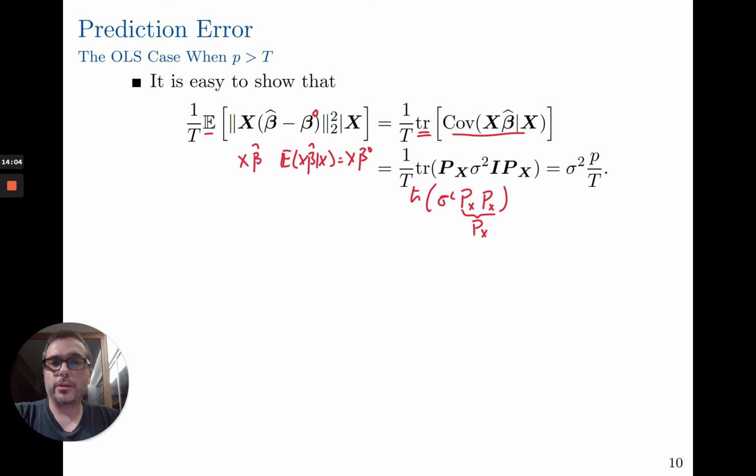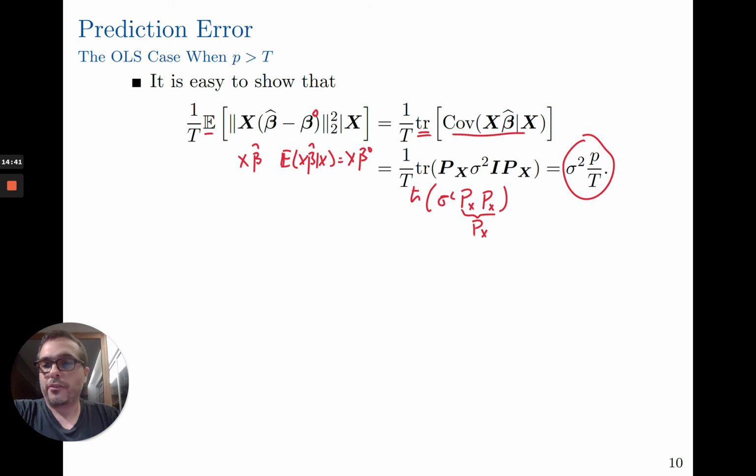So when we do that, we have that this is just sigma squared p over T. So basically, we say that the expected value of the conditional prediction error for an OLS regression is just sigma squared p over T. So it goes to 0 with T. And of course, this bound is larger the larger is p.